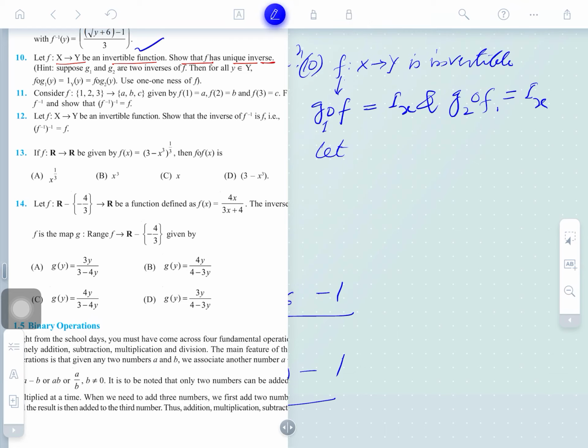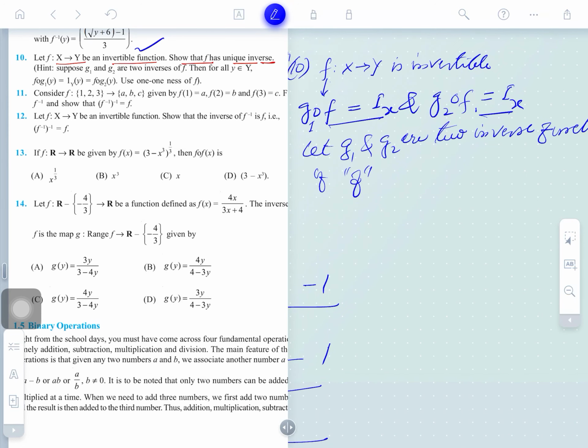If there are two inverse functions, then this equation will come, and further it is to be solved. Our consideration is wrong. So, how can we prove this? Both are equal to the same here. So, you will write down here G1 of f is equal to, and further you may see, is equal to G1 of f.